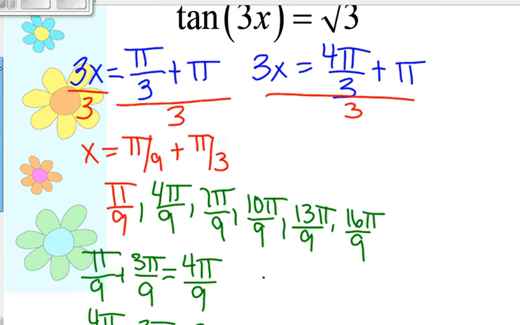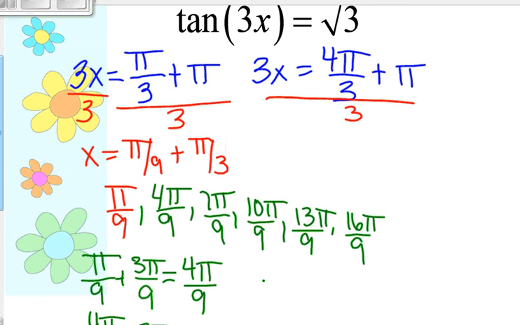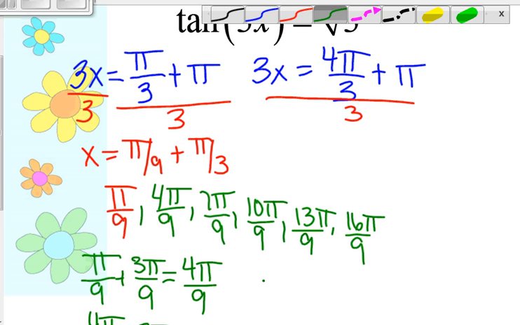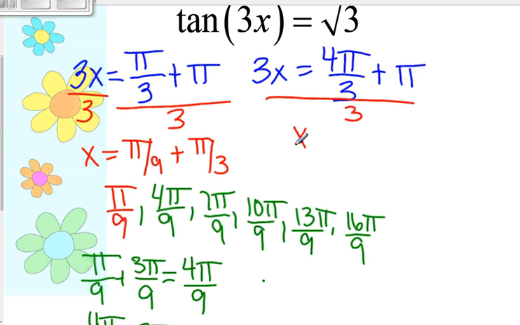Let me go check out the piece over here on the right. So if I divide everything by 3 here, I'm going to get x equals 4 pi over 9 plus pi over 3. Now notice 4 pi over 9 was already one of our solutions.